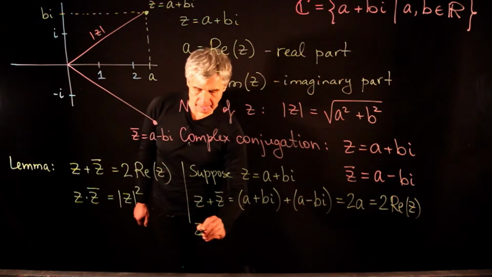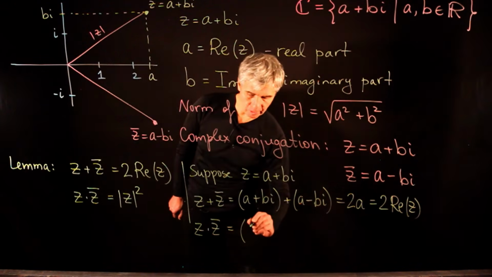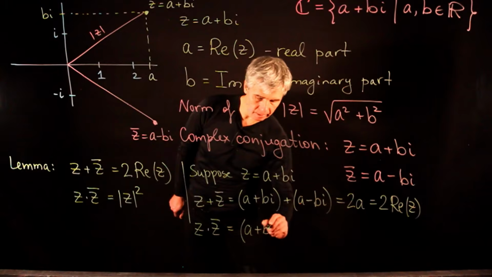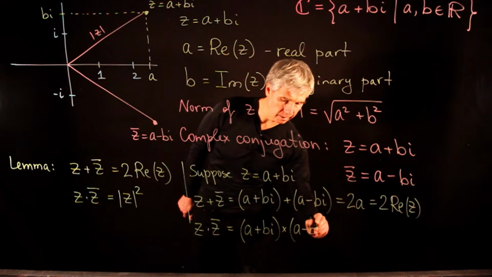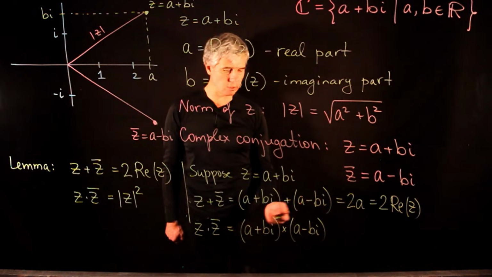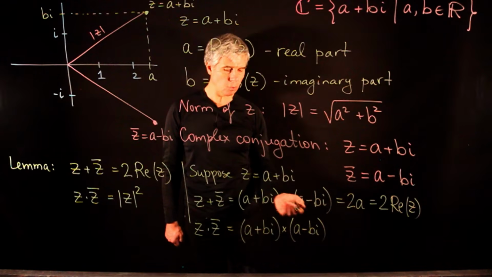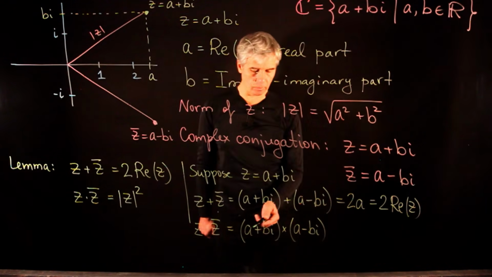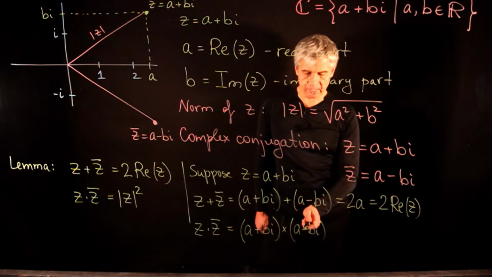So if we multiply z times z bar, then here we have a plus bi times a minus bi. And because addition and multiplication are commutative and associative, all our standard algebraic formulas hold true. And so we have a formula for the product of a sum with a difference.